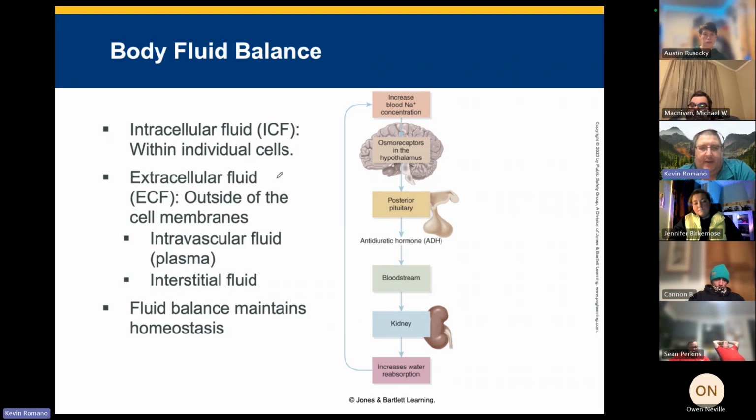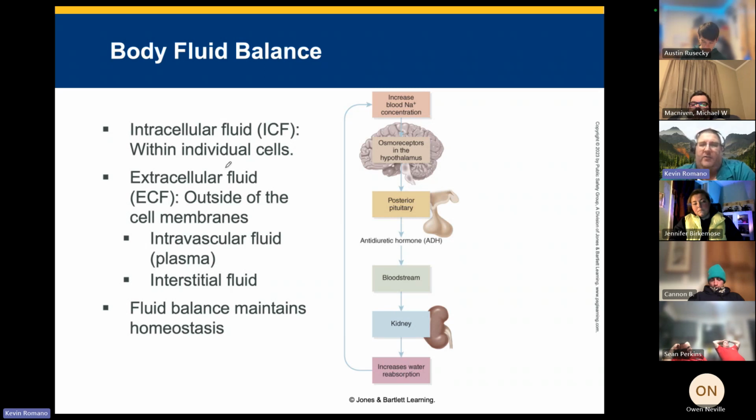So looking at the diagram that we have, as you can see, working its way down from the increased blood sodium concentration, the osmoreceptors in the hypothalamus, moving down the pituitary gland, and we look at the antidiuretic hormone, or ADH, right? This helps start stimulating the antidiuretic hormones. We're starting to push fluid out now, goes through the bloodstream into the kidneys.